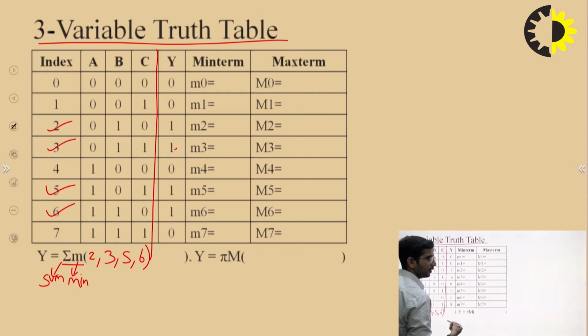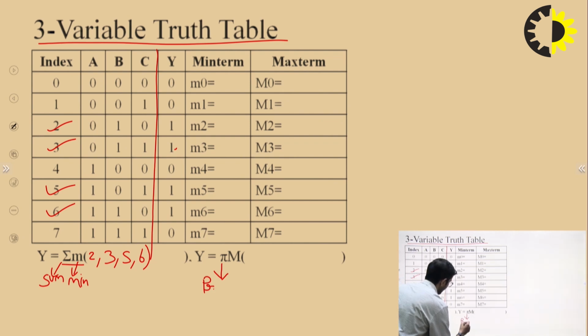Whereas in the case of max terms, it is represented by pi M. Pi represents the product, because max terms are represented in product of sum form, and capital M represents the max term. To write the max term, we have to take the combination of 0. That means we have to note down the terms where the output is 0.